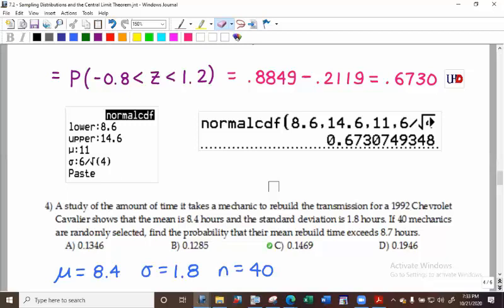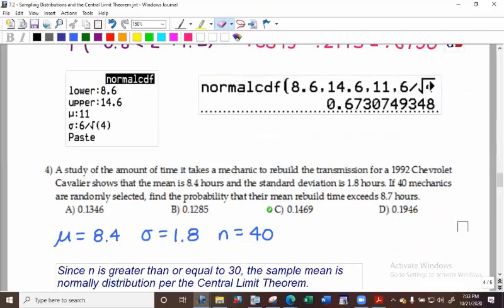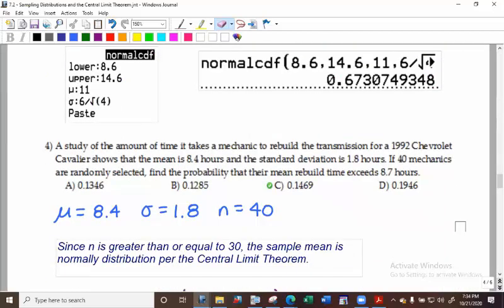We would assume that the sample mean x bar would be normally distributed. So if the individual distribution of the times of rebuilding the transmission were plotted, it might not be a normal curve. It might be some weird looking mountain range. But if you took the plot of different averages of 40 of them and plotted them out, then that becomes the normal curve.